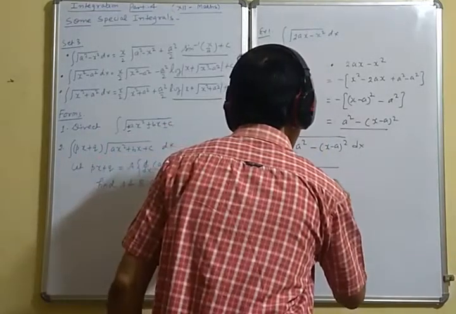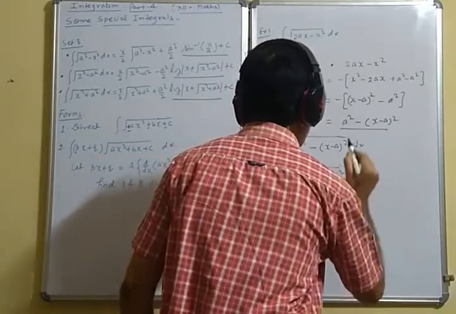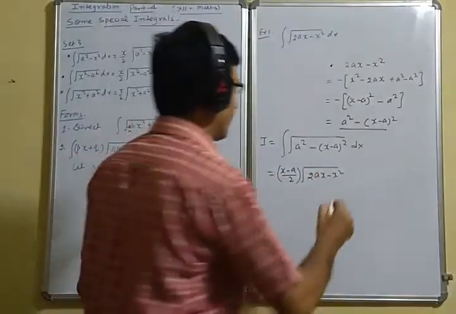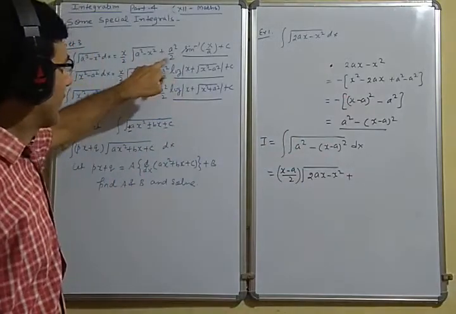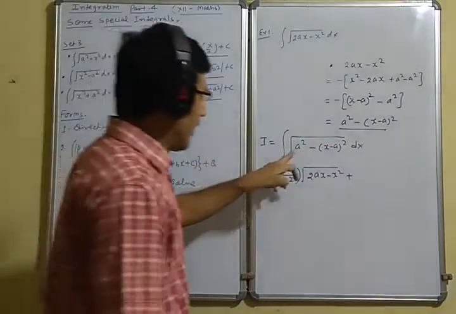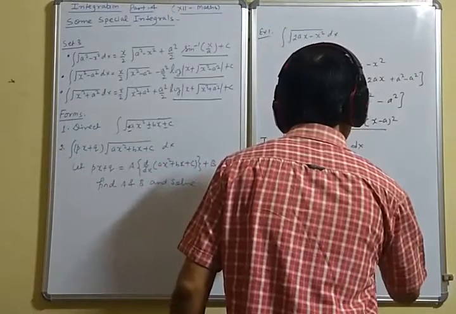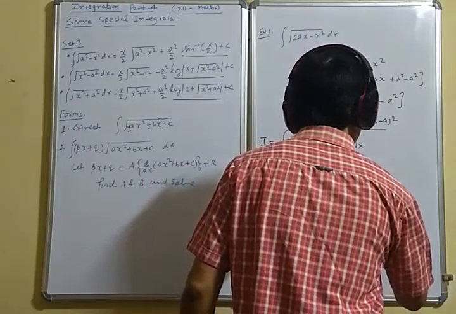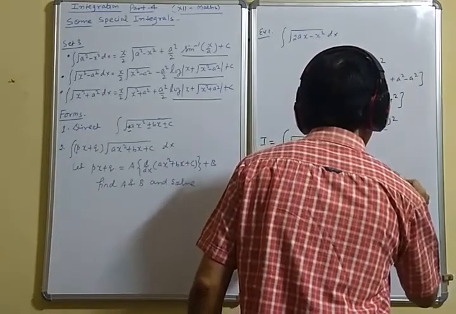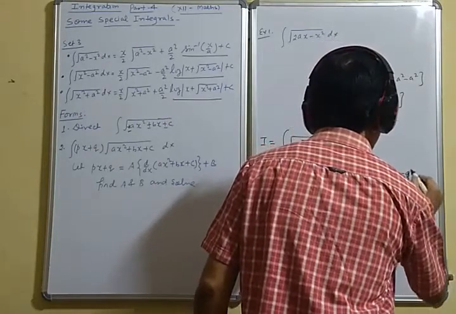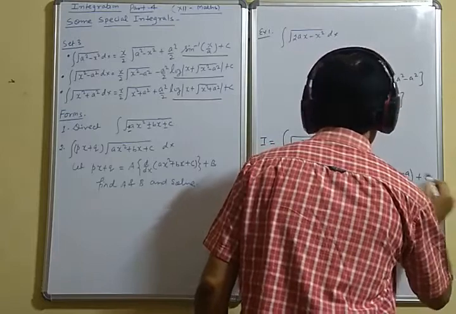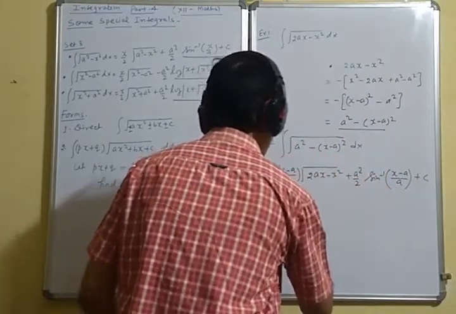So we can write x minus a by 2 under root 2ax minus x square plus a square by 2 sin inverse x minus a by a plus c. So this is the required result.